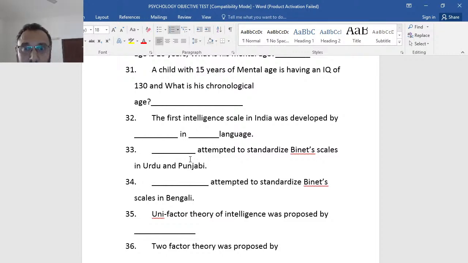He is a psychologist and economist, my children. This P.C. Mahalanobis actually standardized the Binet scale in Bengali, and Mahalanobis was the architect of the second five-year plan in India.